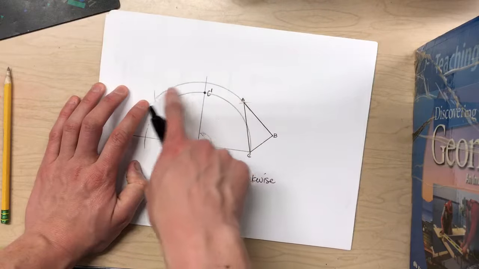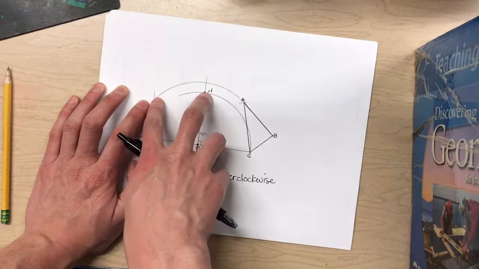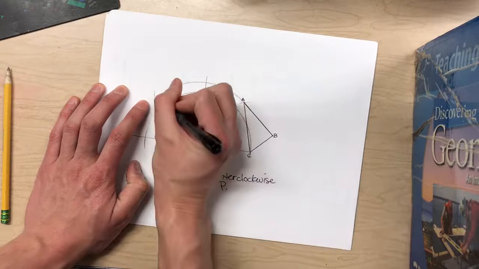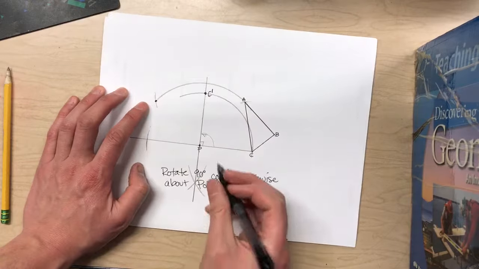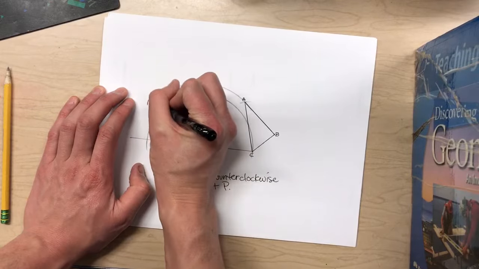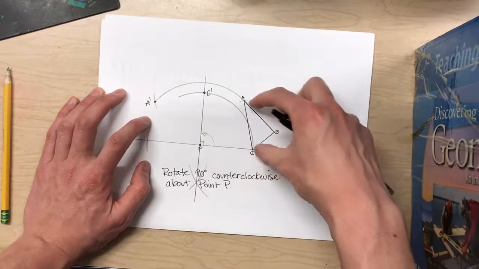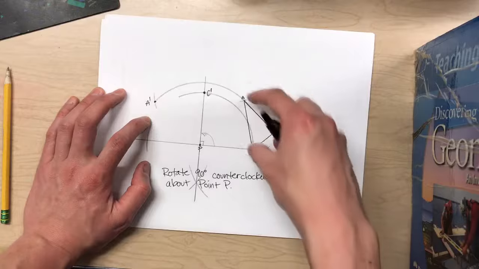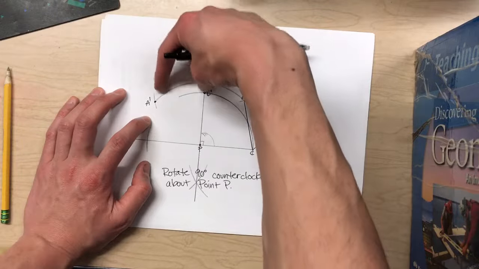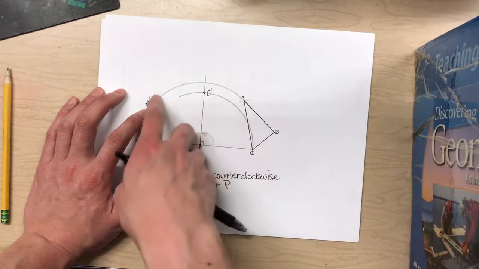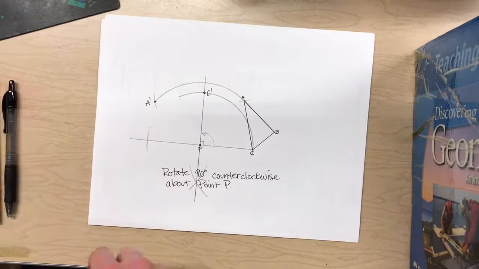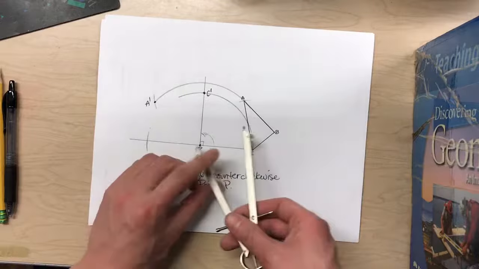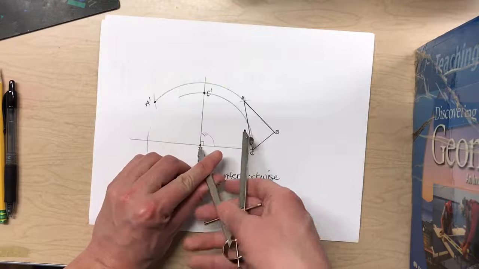Where the path intersects with that mark I just made, that's gonna be my A prime. Because the distance will be the same from C to A as it is from C prime to A prime, and that's also the path that's going to take. So I don't have to recreate the whole angle, I can just use that simple fact.